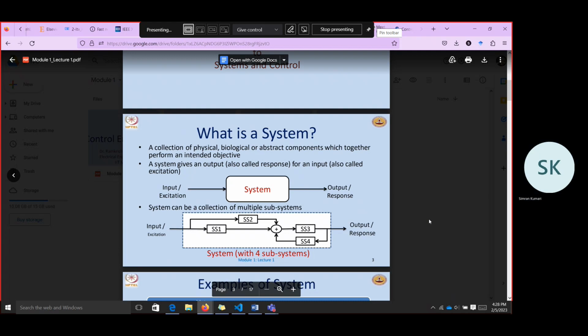Now what does the controller do? It will just give the input, like suppose we switch on, and then we'll see that this is the temperature of the room. Now suppose some uncertainty comes in, like there is a disturbance, so this temperature will change.